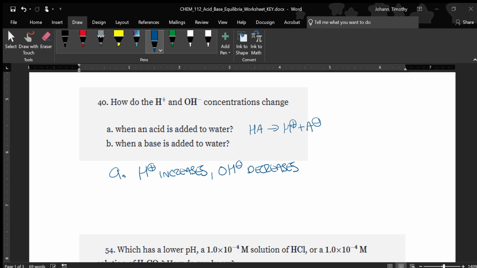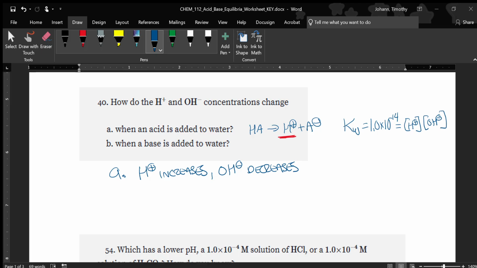All right, that H plus increases is obvious from this equation, and then what you need to remember is that we have this constant for the equilibrium of water, Kw, equal to 1.0 times 10 to the negative 14th. That'll be on the top of your quiz if you need it. That is equal to the concentration of H plus times the concentration of OH minus.